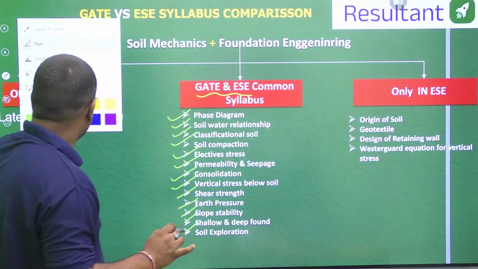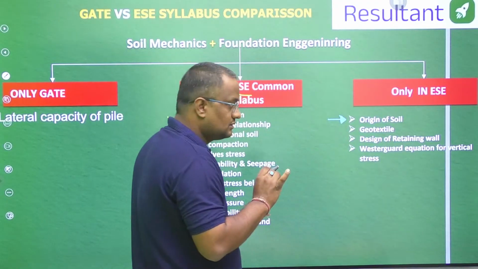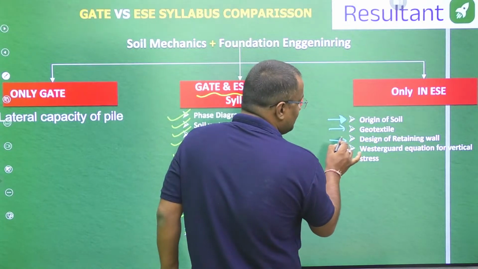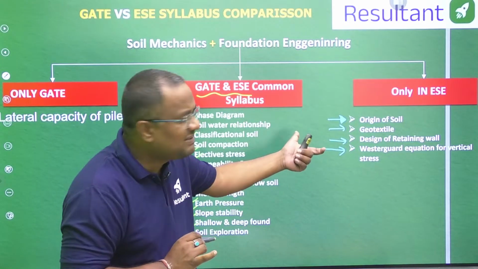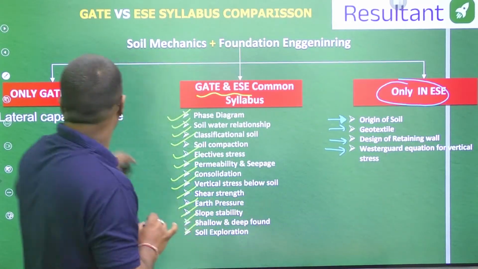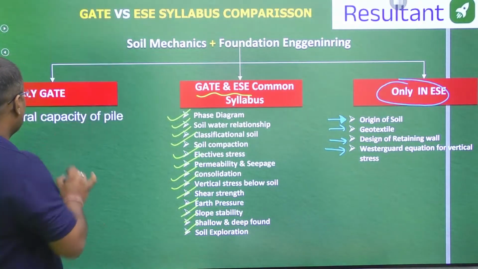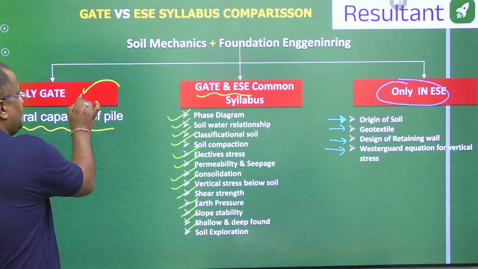Okay, there are few subjects like origin of soil, which after 2021 is not in the GATE syllabus. Geotextile, design of retaining wall, Westergaard equation. These topics, I cannot say them as a chapter, are only in ESE. Now, lateral capacity of pile, which was introduced by IIT Bombay in 2021, is only in GATE.